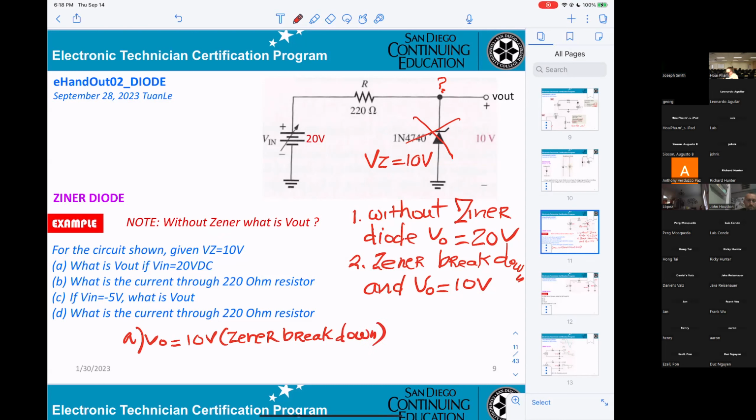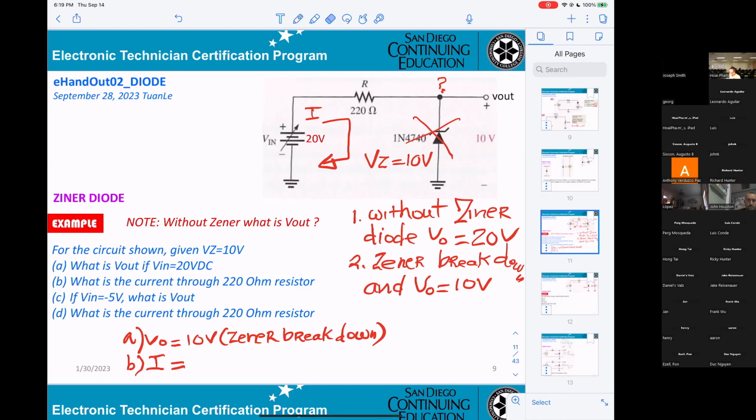Okay. What is the current through the 220 ohm? That means they want to get the current flow here. Tell me how to calculate the current. 10 volts divided by 220 ohms.